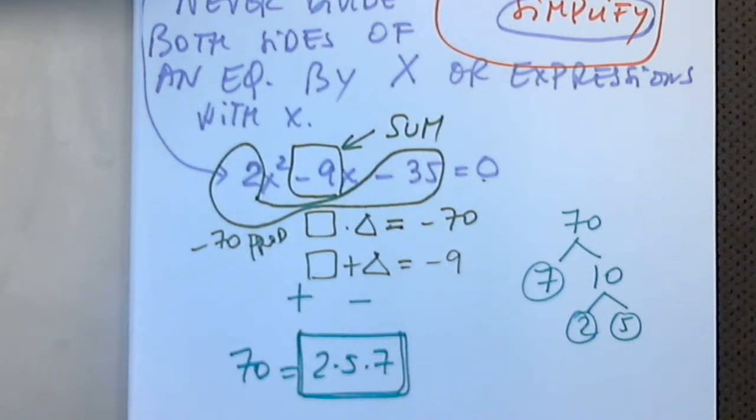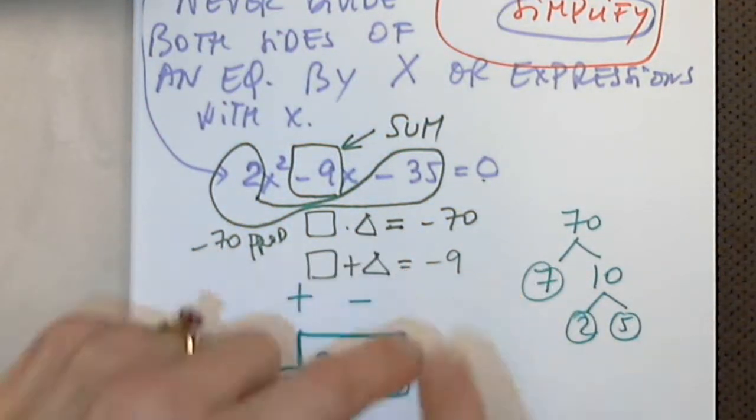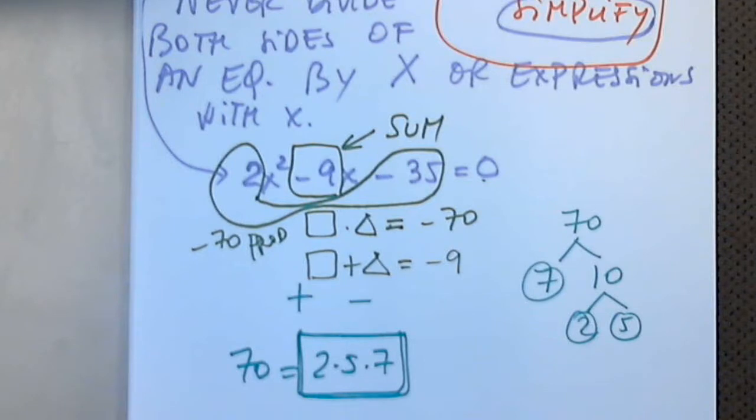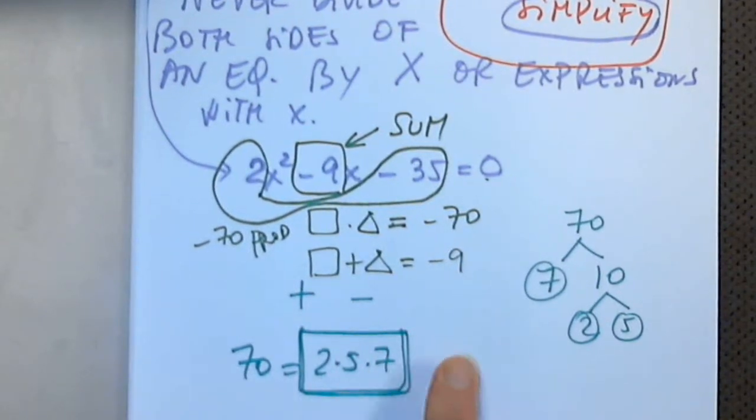Say it again. 2 and 7, one is negative, one positive. First of all, the product will not be negative 7 and the sum will not be negative 9. I have to use everything. It cannot be 2 and 7. I have to use everything so that the product is still negative 70. It's going to be 5 and negative 14.